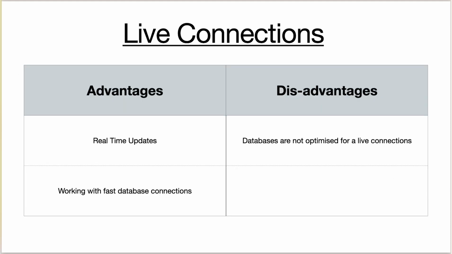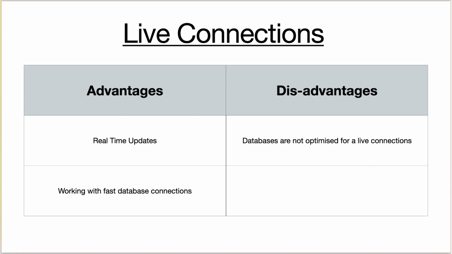Now we'll see the advantages and disadvantages of live connections. So the advantage is real-time update. As soon as data gets refreshed or updated, at that exact time we'll be able to see the changes in the live connection. So we are working with fast database connections in this case.